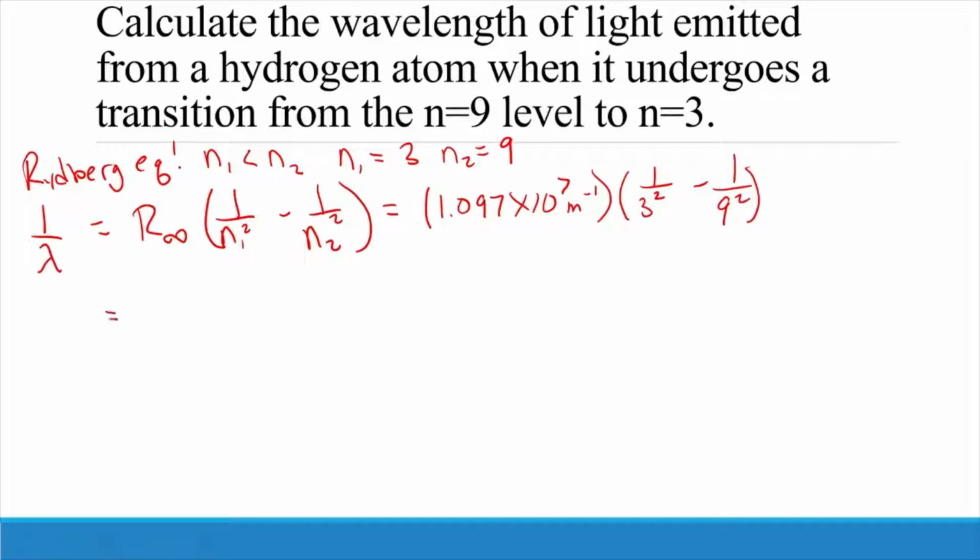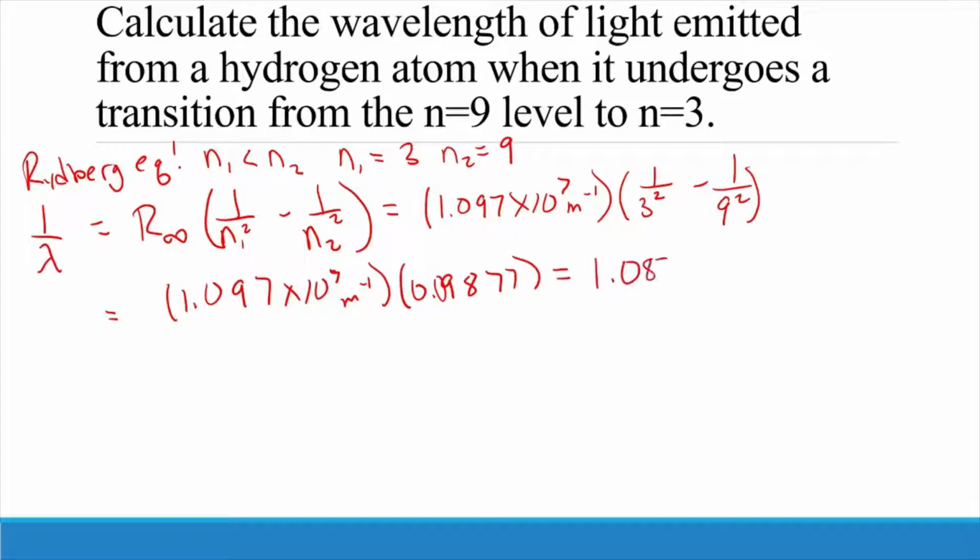So this becomes 1.097 times 10 to the 7th inverse meters times 0.09877. So 1 over lambda then is equal to 1.083 times 10 to the 6th inverse meters. Notice for n, there's no units, so we just have the units from the Rydberg constant.